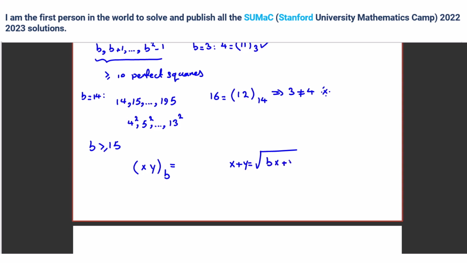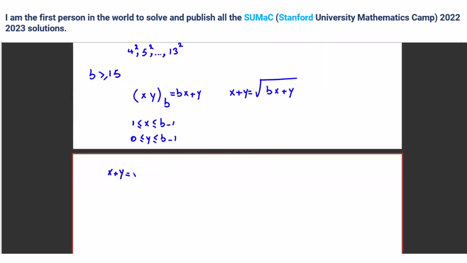Exactly. And this number is bx plus y. X is from what to what? Y is from what to what? X is from 1 to b minus 1. Y is from 0 to b minus 1.